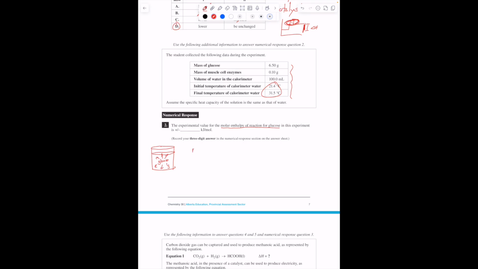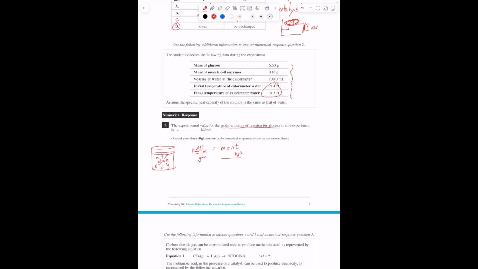Heat lost by the thing burning, n delta H m, because it's a chemical change, for glucose, equals heat gained by the water. Water goes through a temperature change, m c delta T. They want us to solve for delta H.